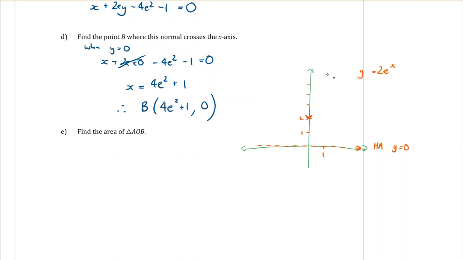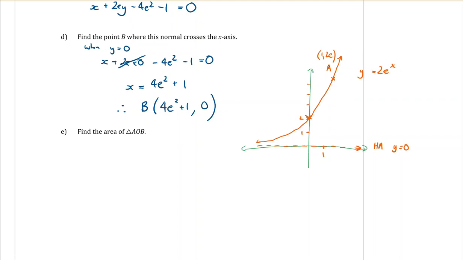So 5.4 up here, there's my point A. So let's draw, that's enough to give us our curve. This point A has coordinates 1, 2e, I'll write that on there.